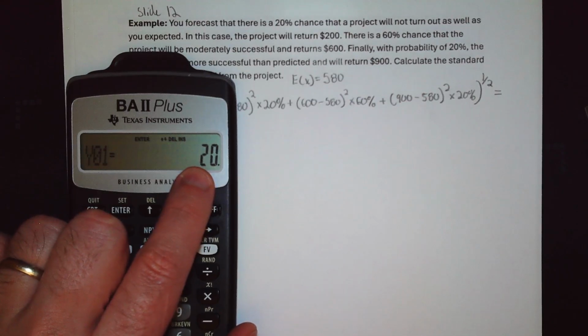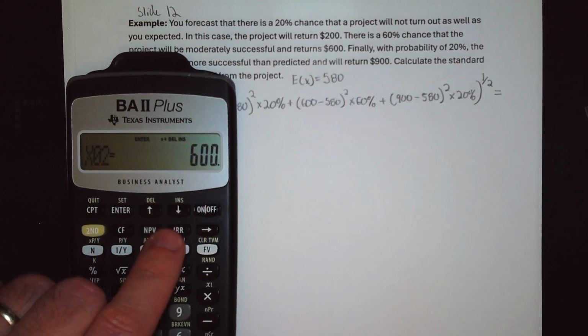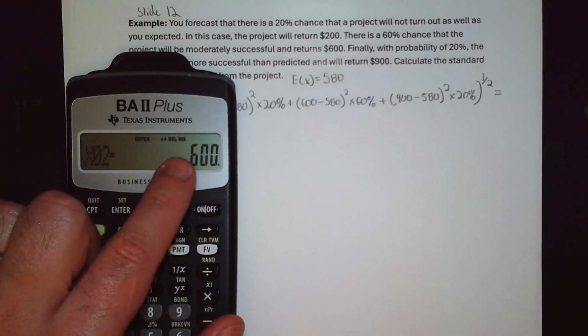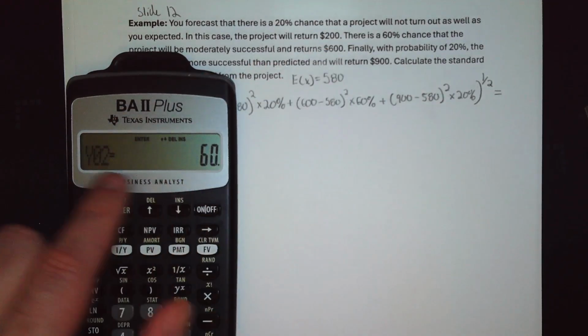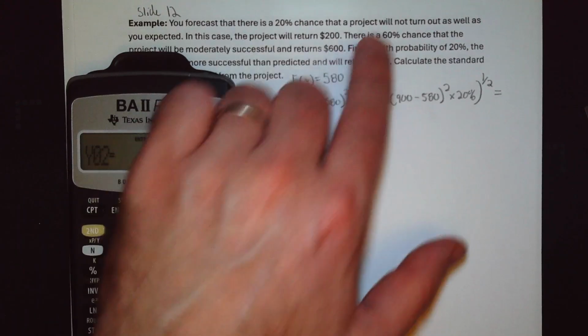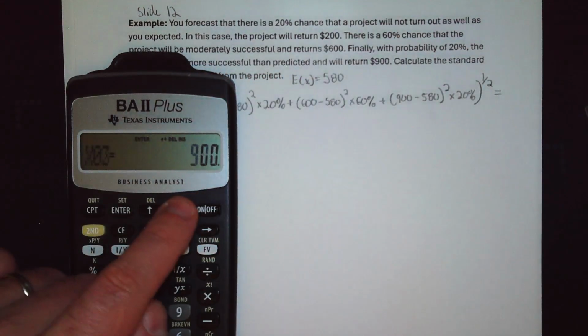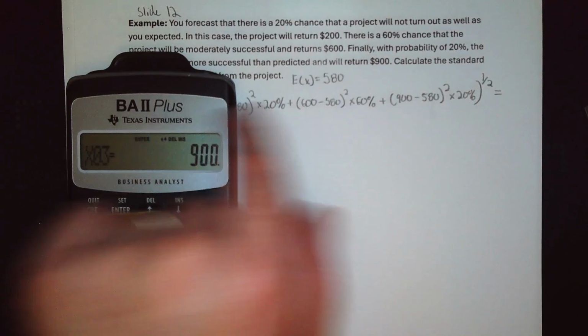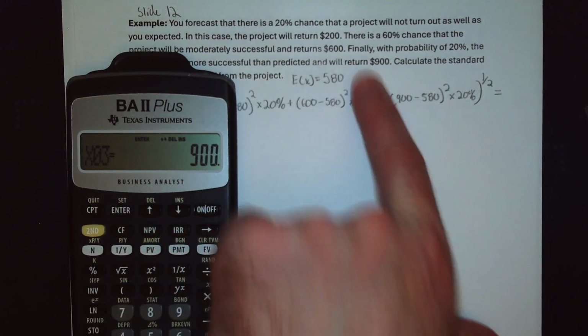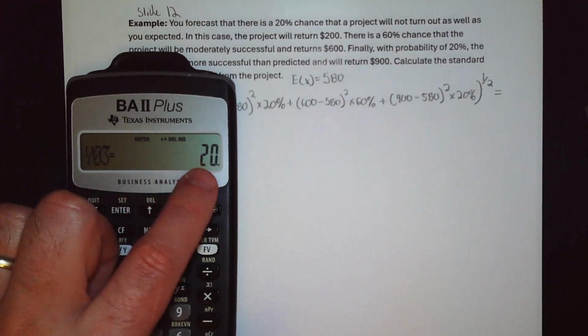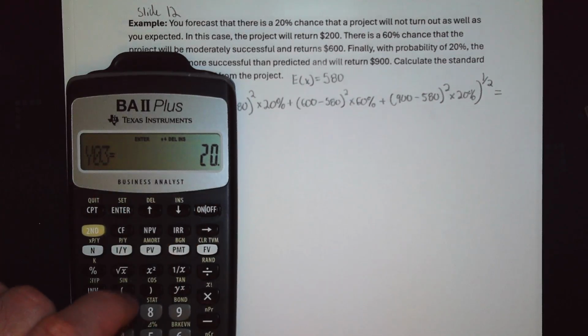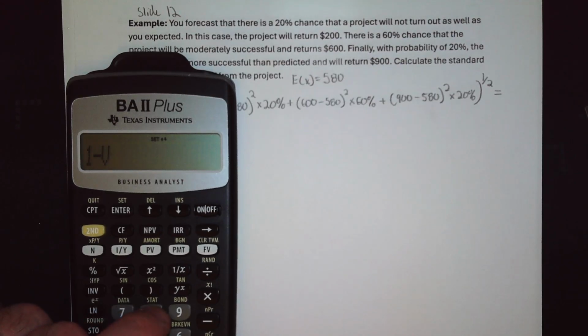I'm just going to put 20. The second observation that we can see is 600, and its frequency is 60. The third value that I can get is 900, and its frequency is 20.